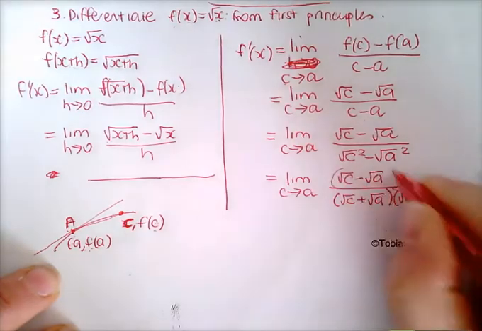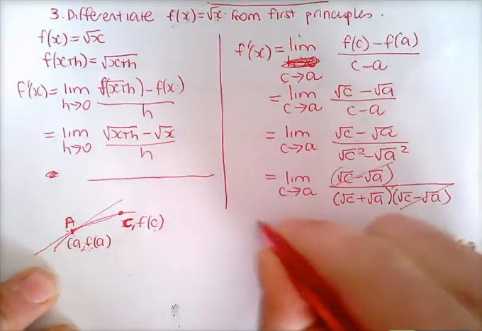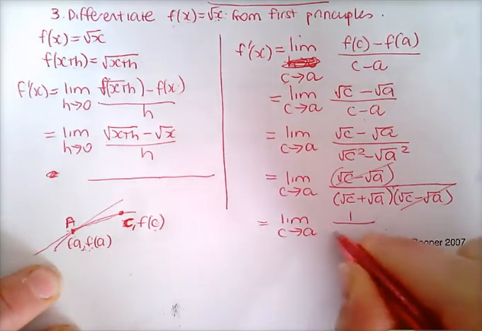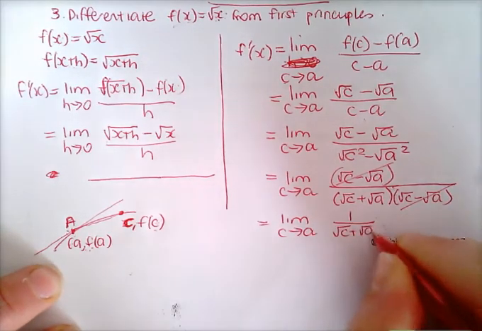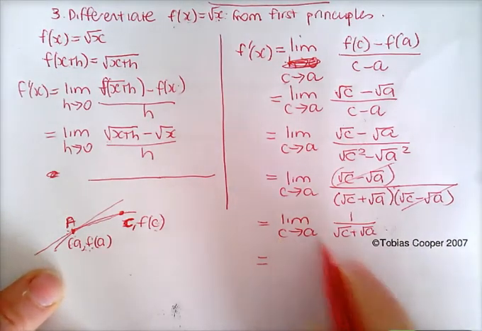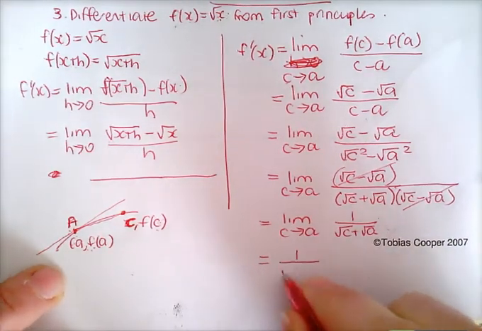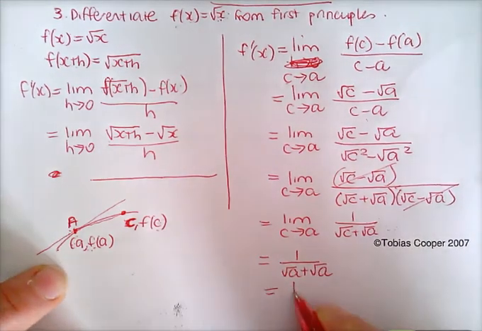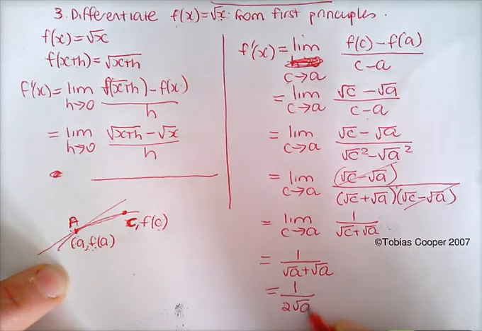So therefore our root c minus root a's will cancel, and therefore it's the limit as c approaches a of 1 over the square root of c plus the square root of a. Now we can substitute in, replacing our c with an a, so it's 1 over the square root of a plus the square root of a, which is 1 over 2 root a.